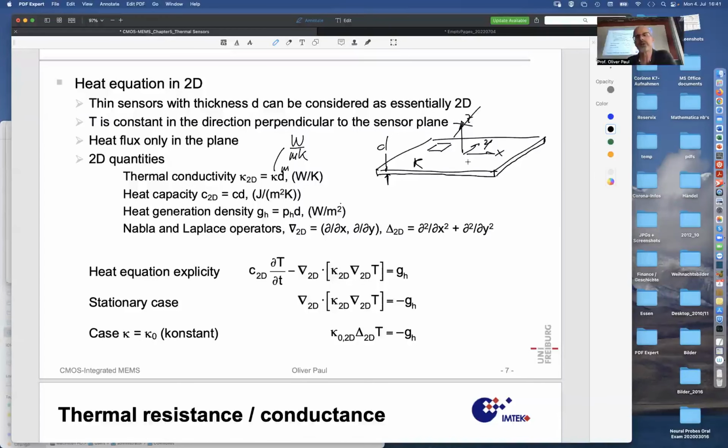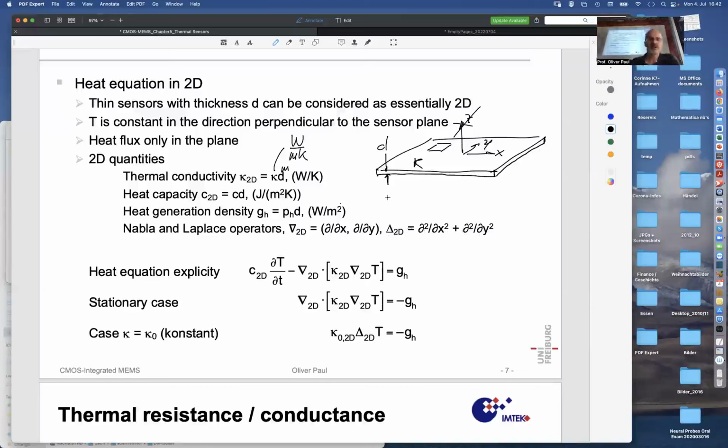So you can imagine that this thin object is really flattened to a mathematical plane, and then it has a property of heat dissipation per area, a heat capacity per area, and a heat conduction that has to do only with this 2D flow. And the nabla operator, this gradient operator, is a 2D operator with only two derivatives, because the third dimension doesn't exist, and the Laplace operator in 2D is just the sum of those two second derivatives.